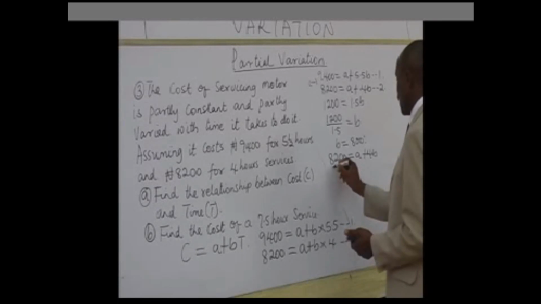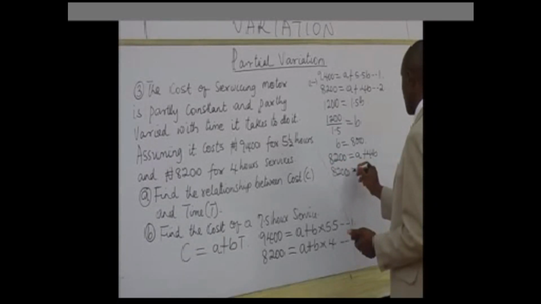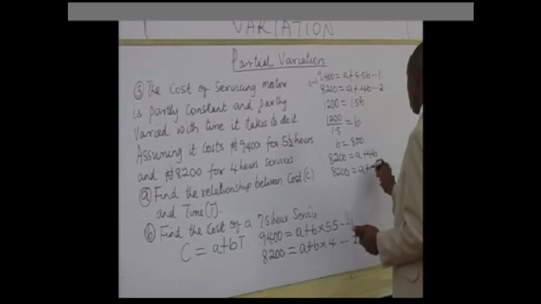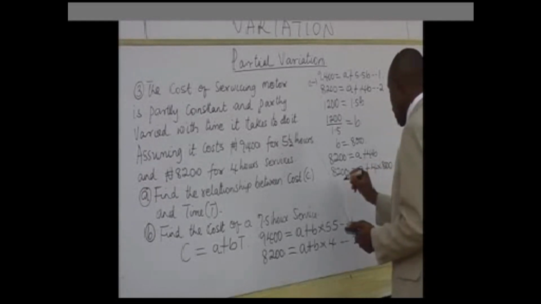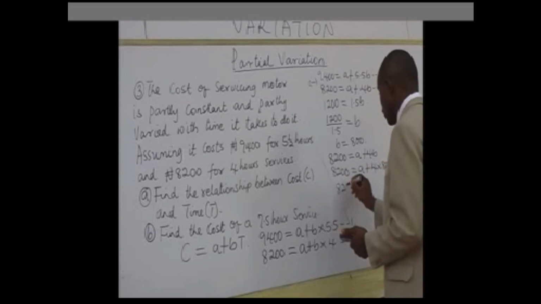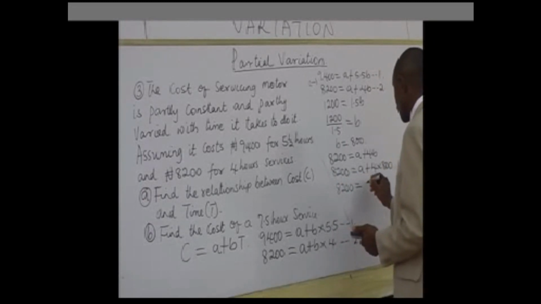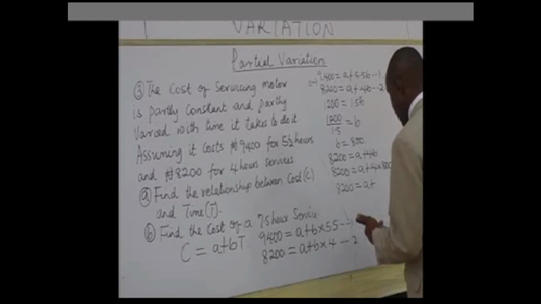That means 8,200 is equal to A plus 4 times 800. What is 4 times 800? 800 times 4 is 3,200. So we have 8,200 is equal to A plus 3,200.